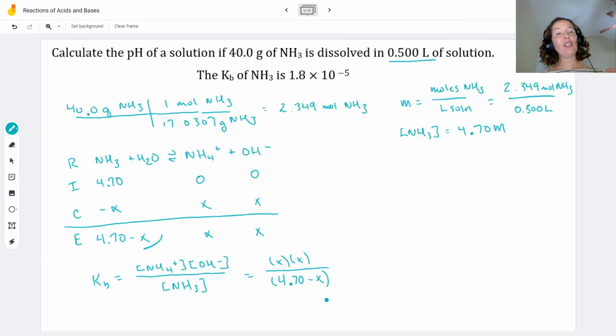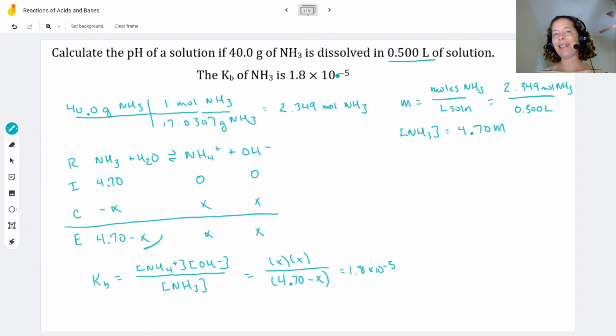Okay, we need to solve for X, but we need one more thing. We need the value of Kb. Well, the problem gave us our value of Kb. So this is 1.8 times 10 to the negative fifth. Again, I just got this from right here. The problem gave it to me. If the problem doesn't give you a Ka or a Kb, then often you need to go look it up. And so the back of your textbook is a great place to look this up.